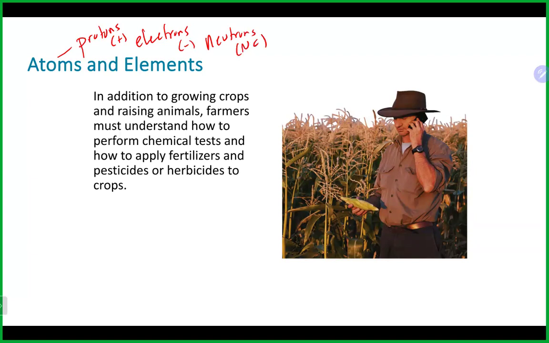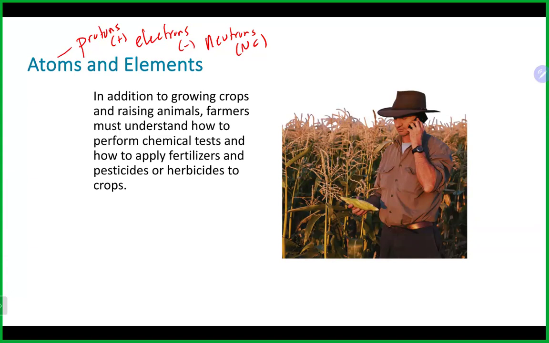Elements, as you can see from the periodic table behind me, you could think of as the basic building blocks of everything in chemistry. Different combinations of elements will give you different compounds.